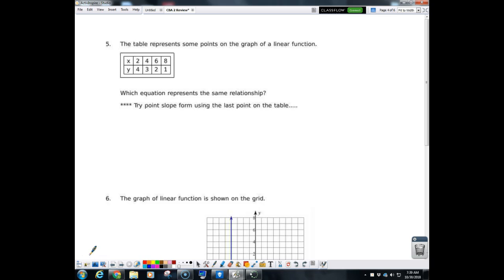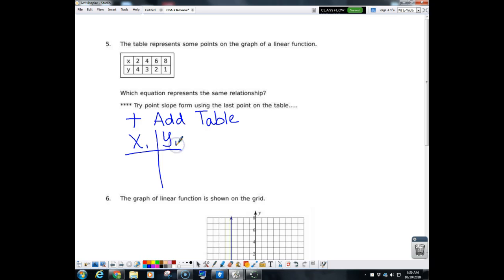Okay, so number 5, the table represents some points on the graph of a linear function, right? Which equation represents the same relationship? Try point slope form using the last point on the table. Remember, when you get a table, what are you going to do in Desmos? Add a table, right? You have to make sure it says x1, y1.